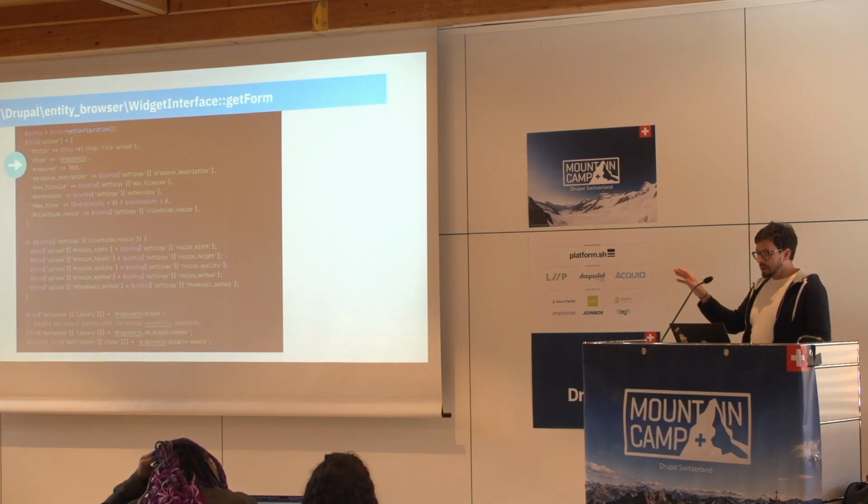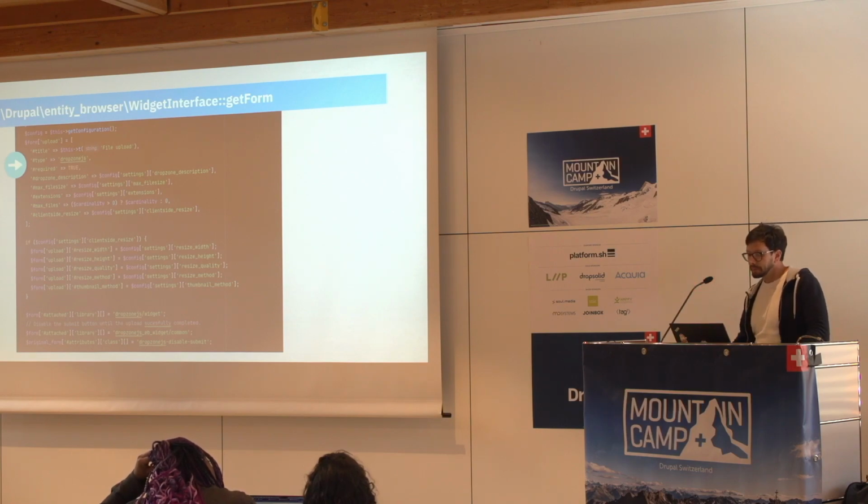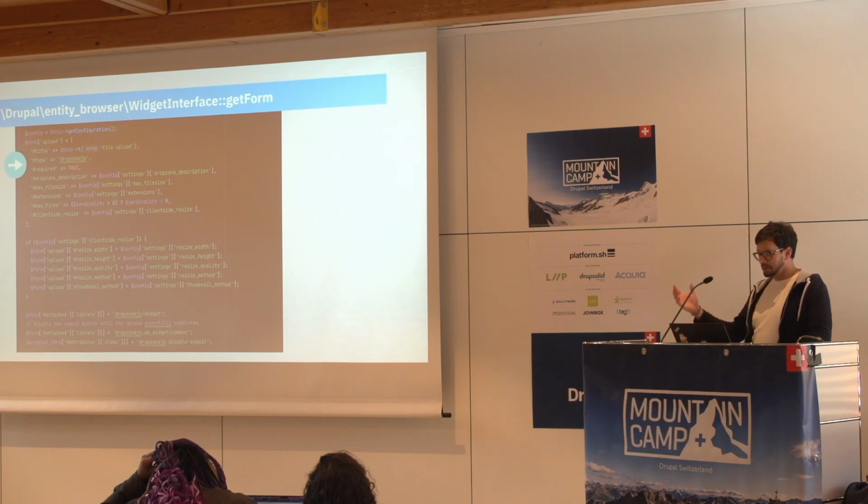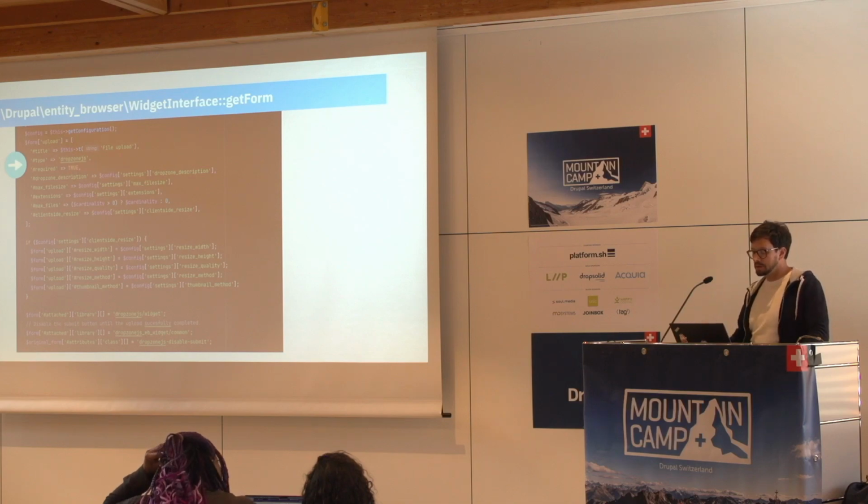Let's say now that our widget is configured and we want it to do something. This is done in the getForm method, which is one of the most important parts of the widget. The widget is basically a form whose goal is to gather and tell Entity Browser about entities that were selected.